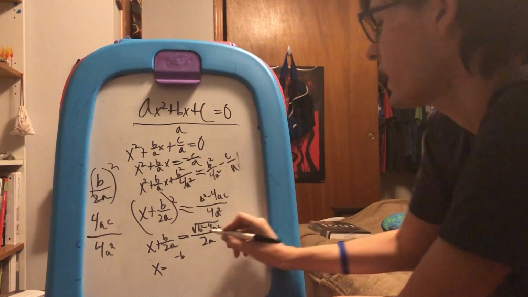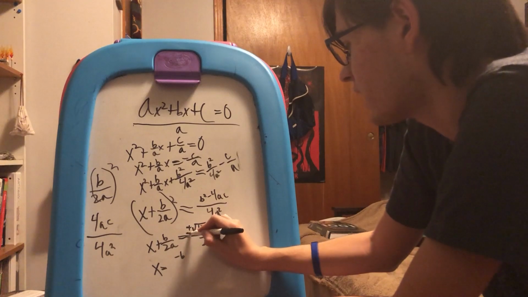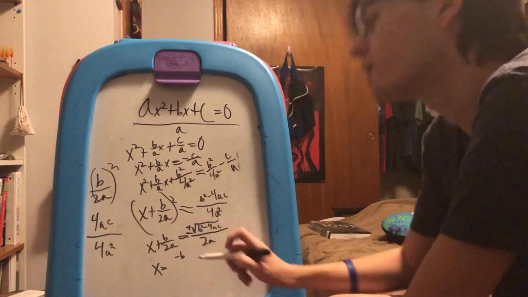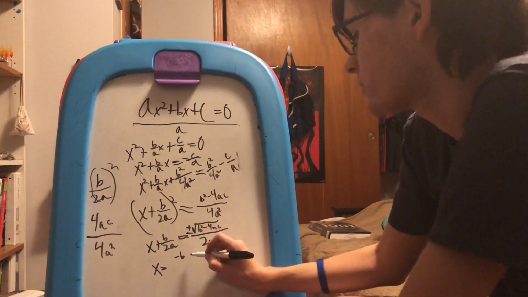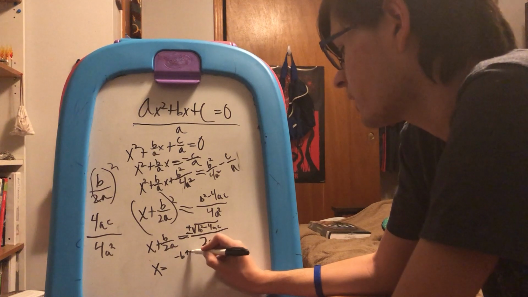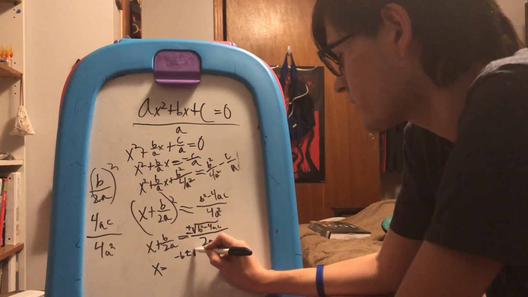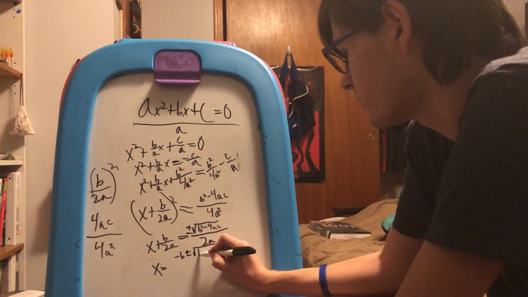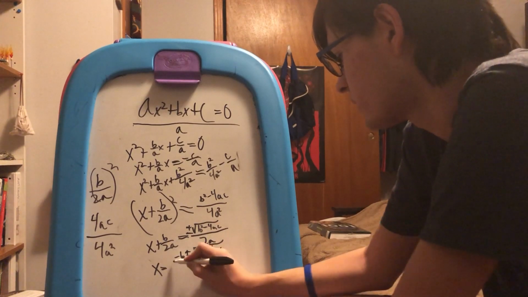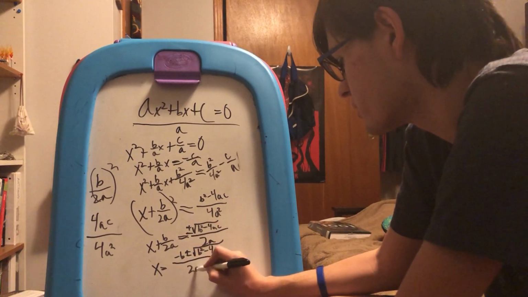So square roots have both positive and negative solutions. So now we can continue with isolating x and subtracting b over 2a from both sides. So we have negative b plus and minus the square root of b squared minus 4ac all over 2a.